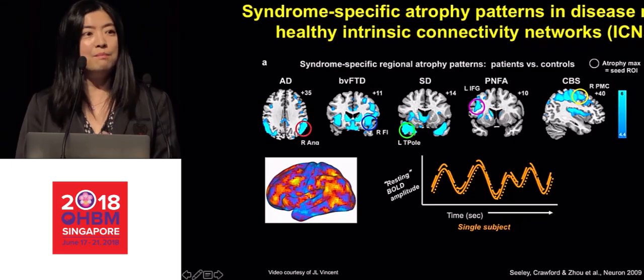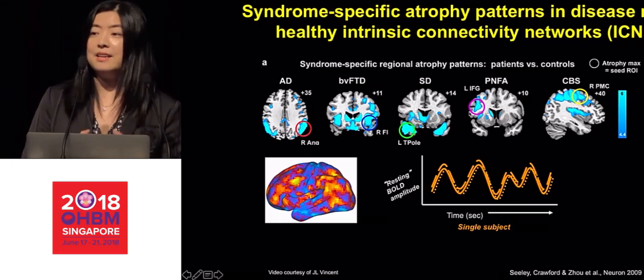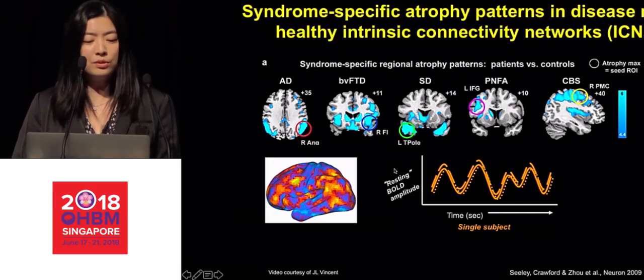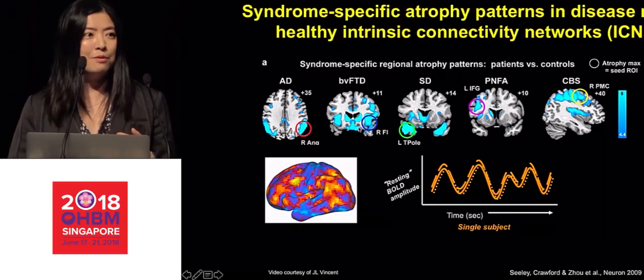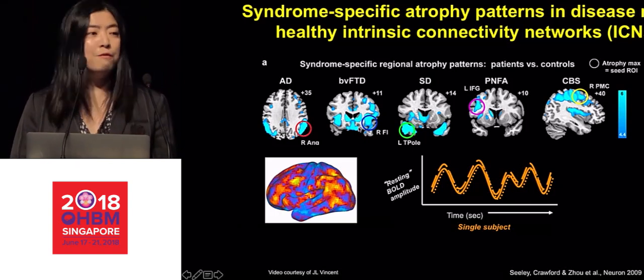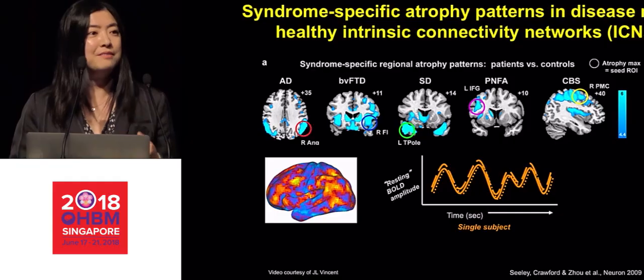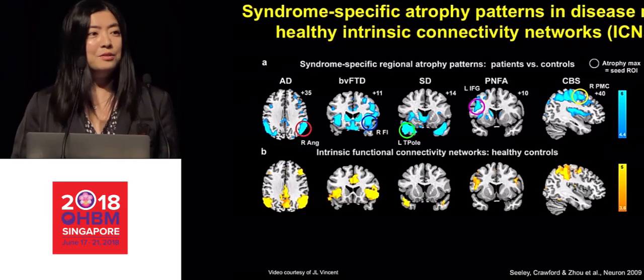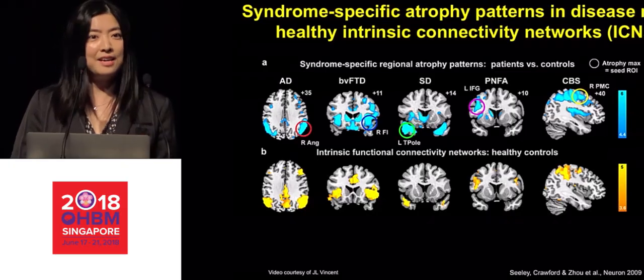The regions in blue are the atrophy pattern in each of the 5 disorders. We picked the most atrophied region, for example, right frontal insula for bvFTD, and performed the seed-based functional connectivity mapping. The resulting ICNs are highlighted in yellow.